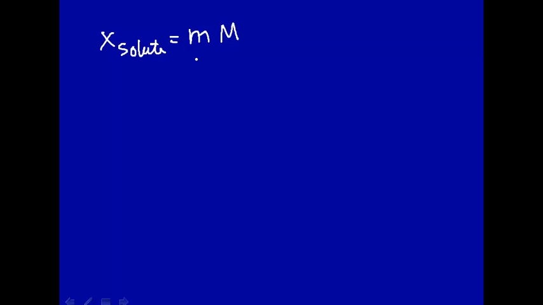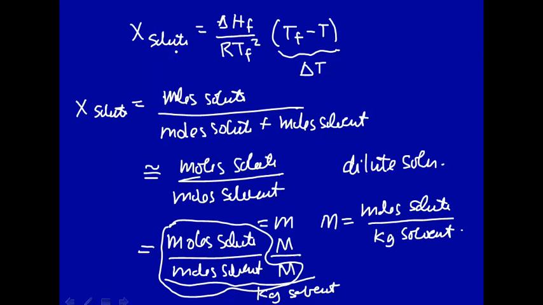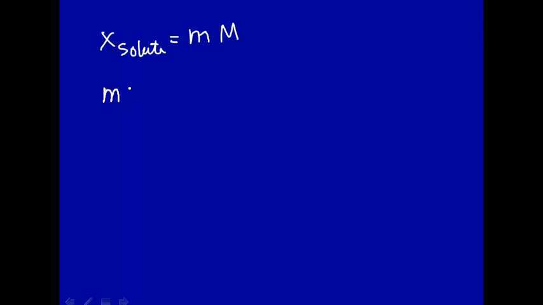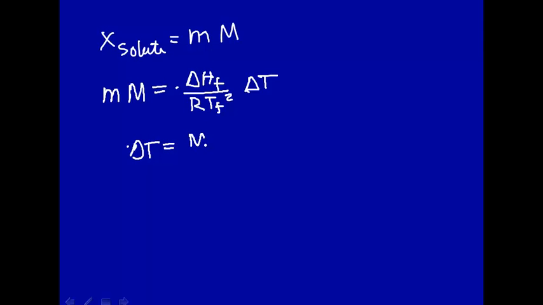And so now that we know that, we can convert this concentration in terms of mole fraction to molality, so that lowercase m times uppercase M, molality times molar mass, is equal to the enthalpy of fusion over R times the freezing point of the pure solvent squared times delta T. Or delta T is equal to the molar mass of the solvent times R times the freezing point of the pure solvent squared, divided by delta H of fusion, times the molality.